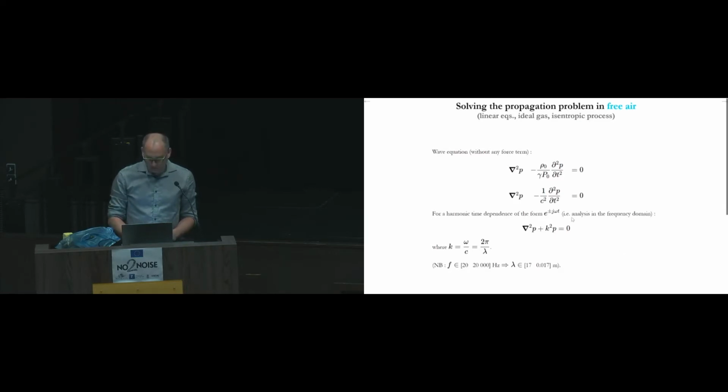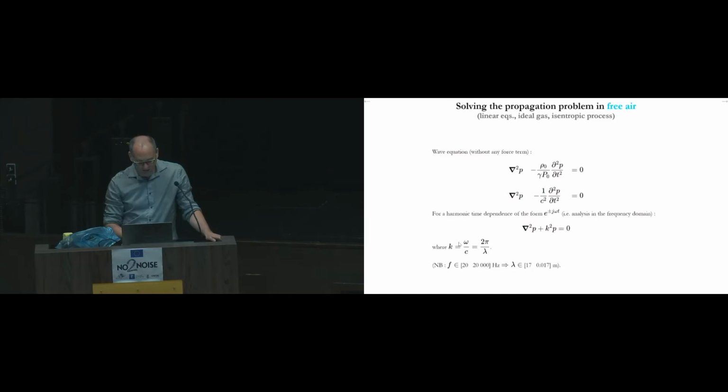And here I have introduced the wave number k, which is omega, the pulsation, over c, the speed of sound, which is also 2 pi over the wavelength of this compressional wave in free air.